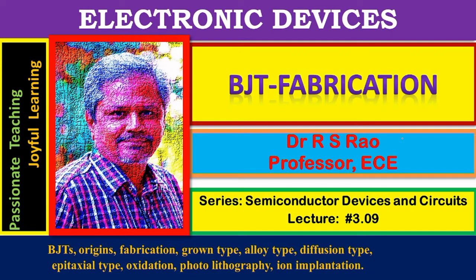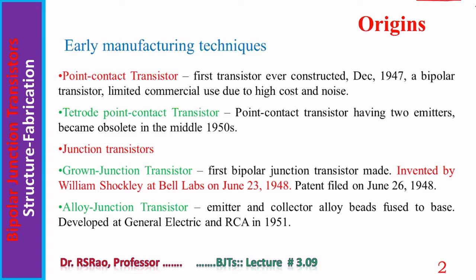And at the end, a few important aspects pertaining to IC technology, integrated circuit technology, in which a huge number of transistors are mounted on a single, very small chip. Let us start the session with a few points regarding the origins of BJT manufacturing, early manufacturing techniques.